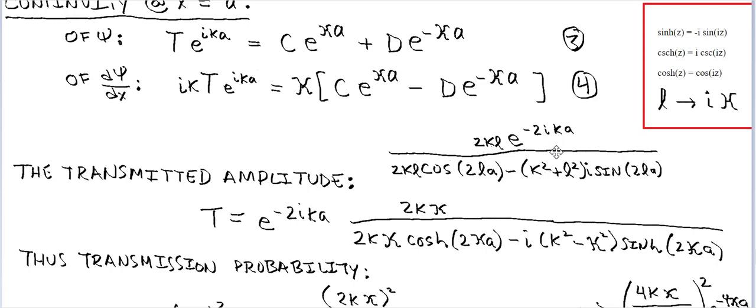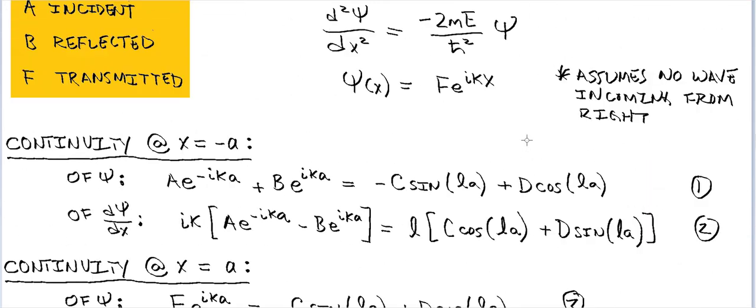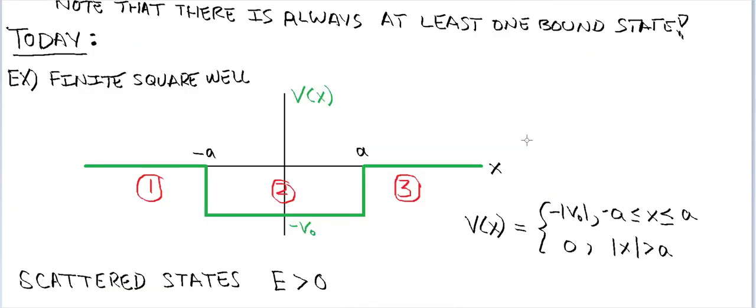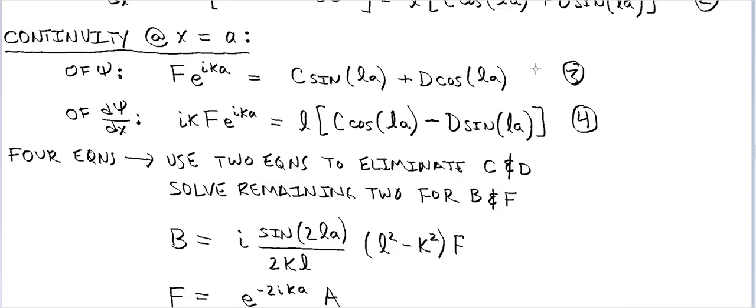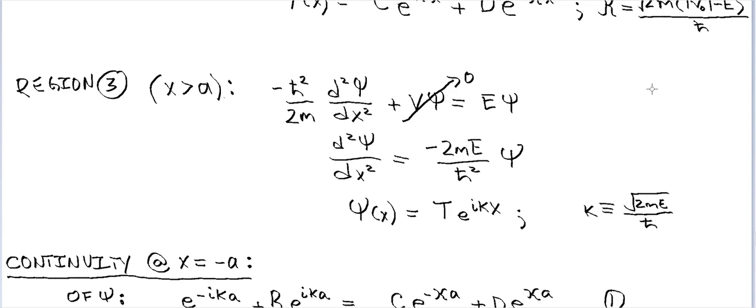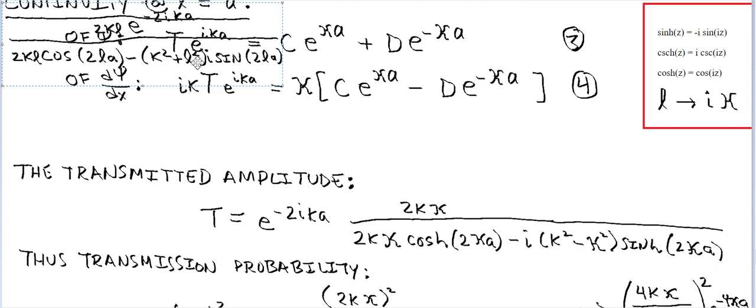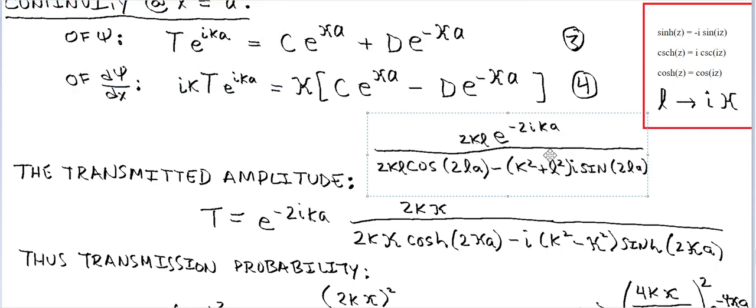So remember that previously, way up here in our finite square well, we had gotten to this statement, which I have just copied and pasted to here. So that is just that thing.